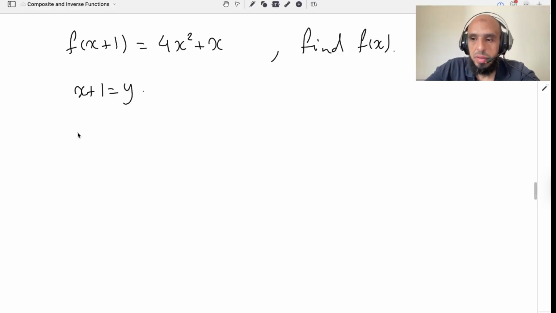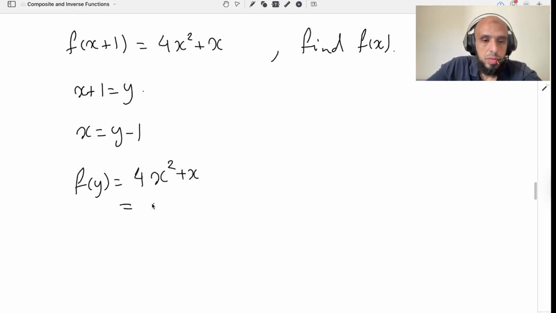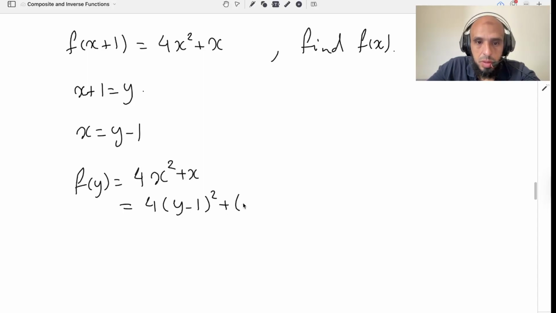Then x equals y minus 1, which means that f of y equals 4x squared plus x, which is equal to 4 times (y minus 1) all squared plus y minus 1.